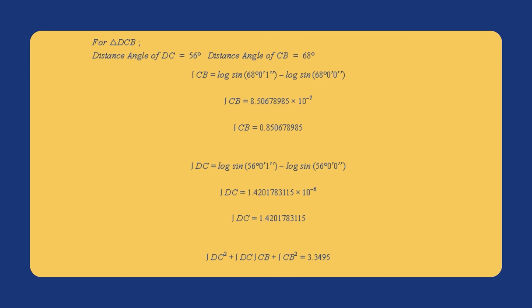Note that the initial answer for that is times 10 to the negative 7, and by definition, we only get the 6th place of logarithmic sign. So that is why it's 0.8506788985.